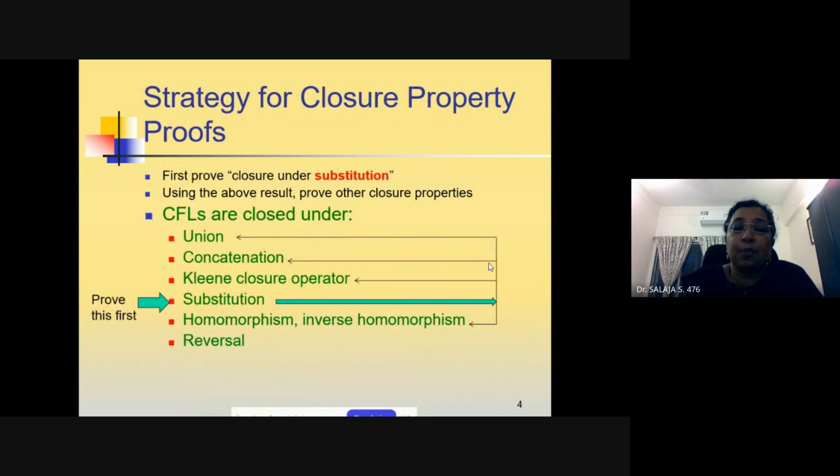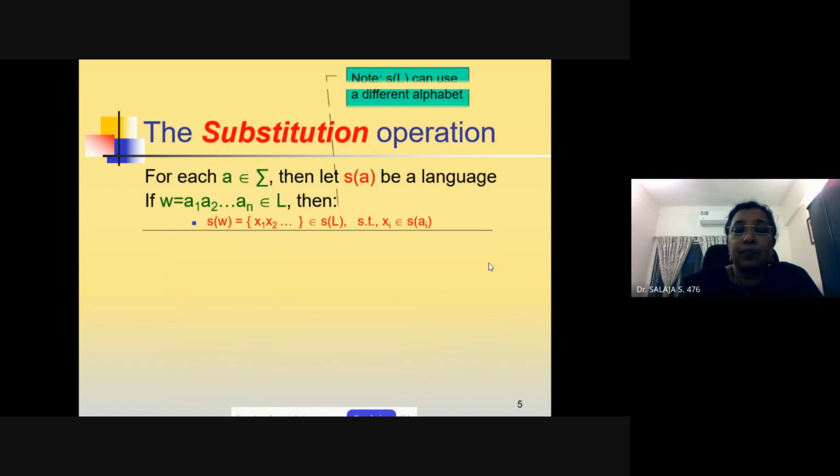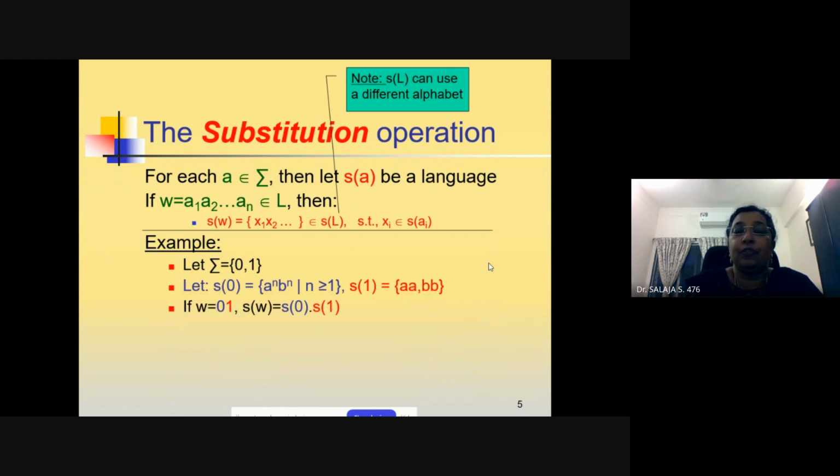Now, for the closure property, first we'll move on to substitution. For every a which belongs to sigma, for every input you have a substitution of a. That is what they mean here.